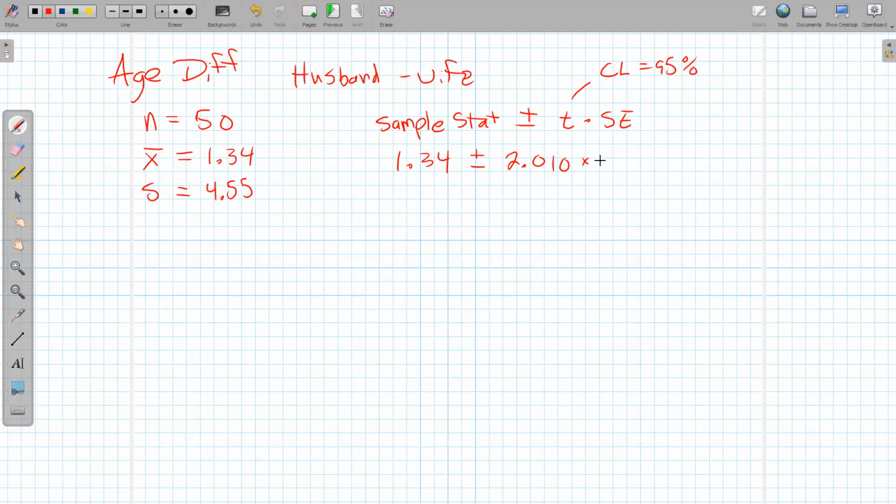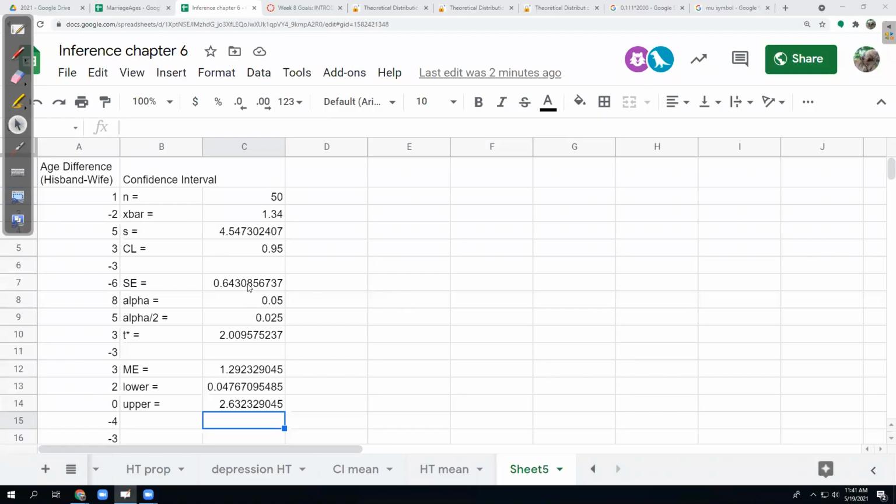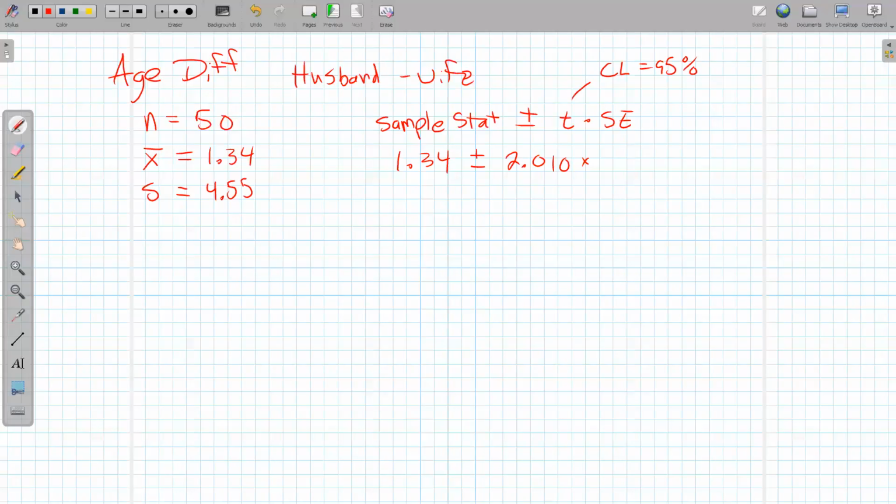Times our standard error, that's that 0.643, and I'm going to write down where it came from. The sample standard deviation over the square root of the sample size.